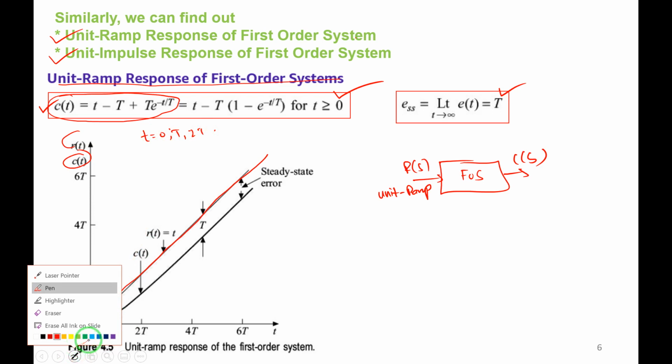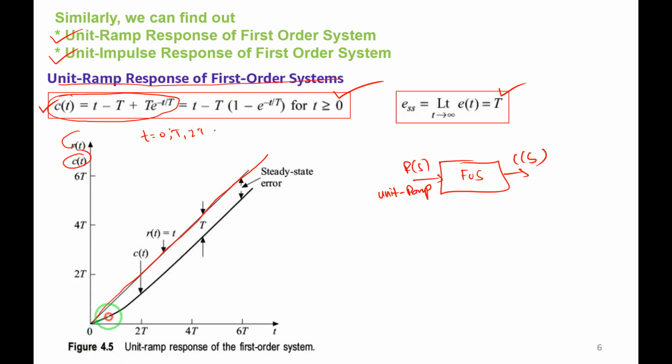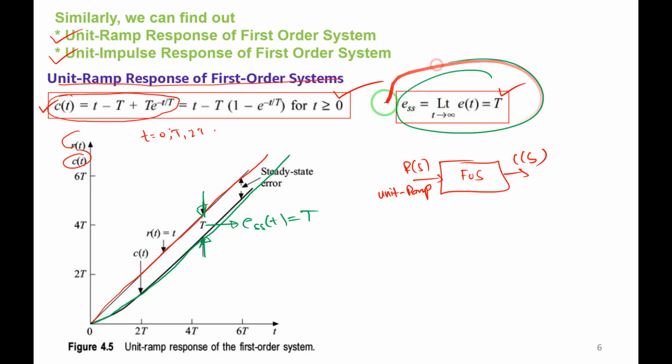This is the response we are getting. It goes on, right? We can observe this is the desired output, this is the actual output. So the steady state error, ess, is equal to T. This is what we have found out here, right?